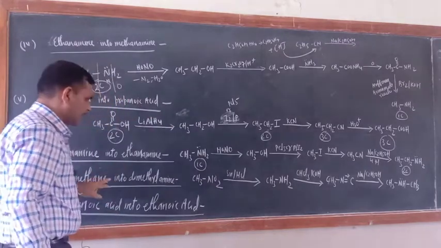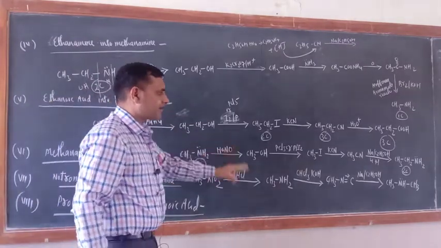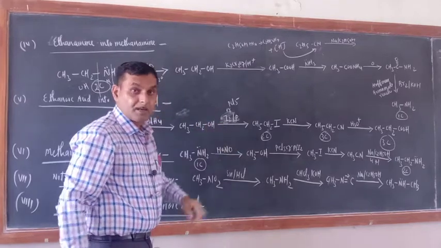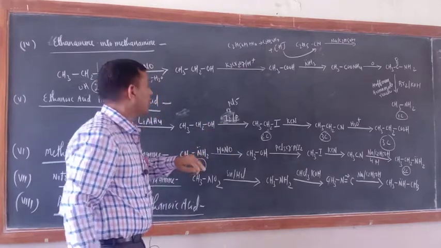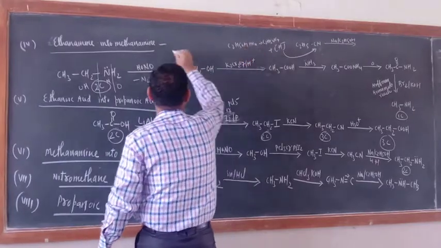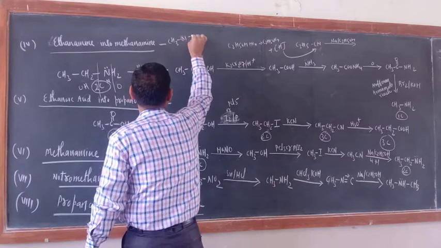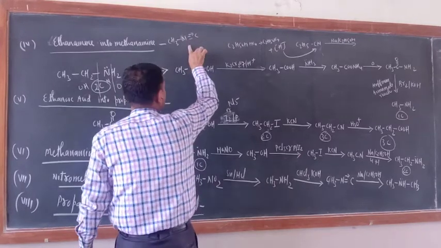Now next one is nitromethane. Remember, cyanide reduction product is 1 degree amine, but isocyanide reduction product is, just see here, with the same reducing agent. Suppose you have CH3 and a coordinate bond to C, this is isocyanide.